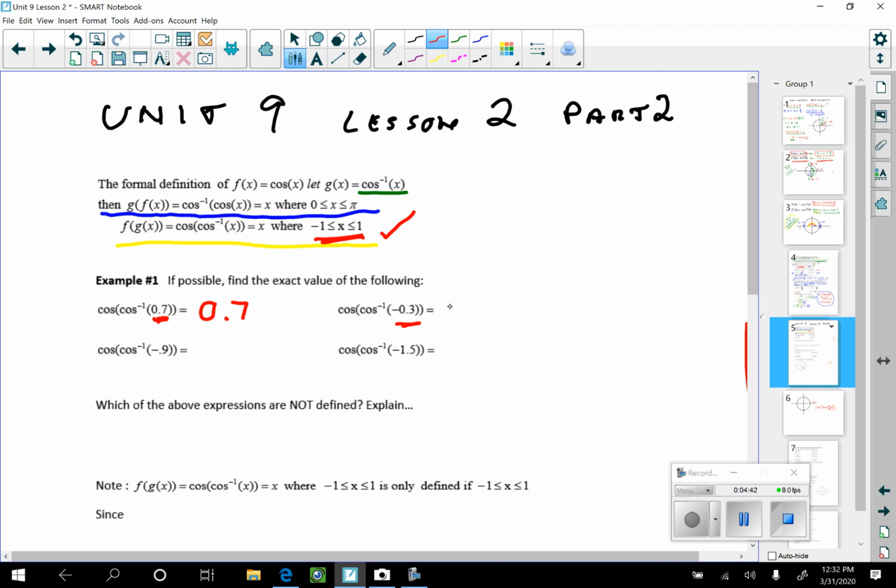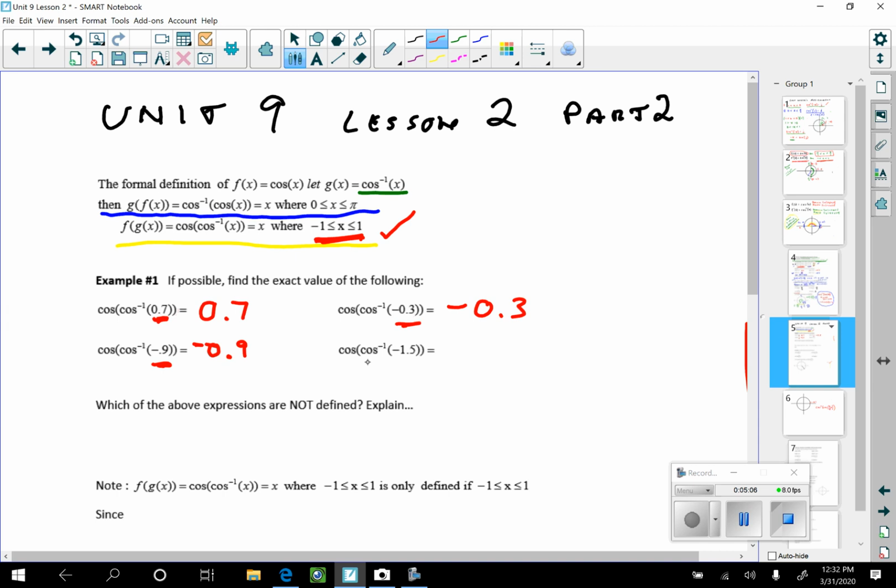It is indeed. So that's going to be -0.3. Over here, I'm checking -0.9. Is it between -1 and 1? It is. So therefore, this is simply equal to -0.9.